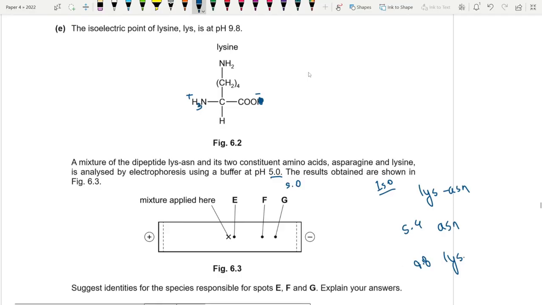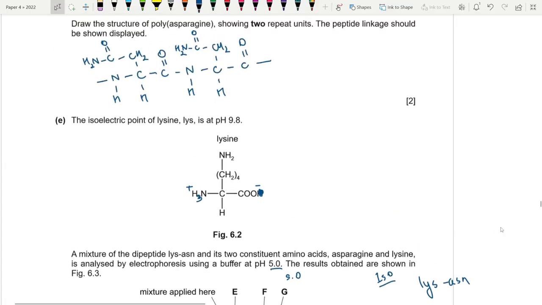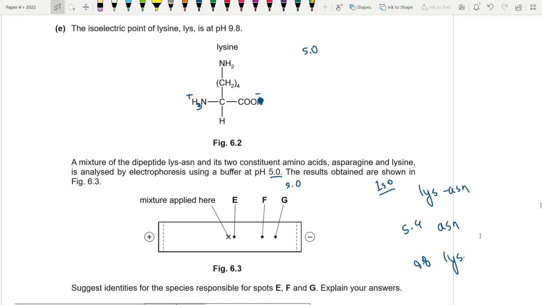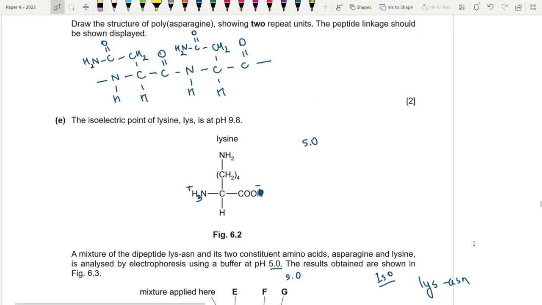I told you that if you have a pH below the isoelectric point, then the amino acid has a positive charge, no doubt about that. Now if you go to the extremes of it, like compare pH 5 to pH 9.8, clearly it's very low compared to 9.8.